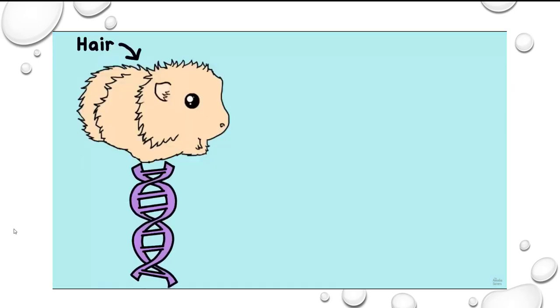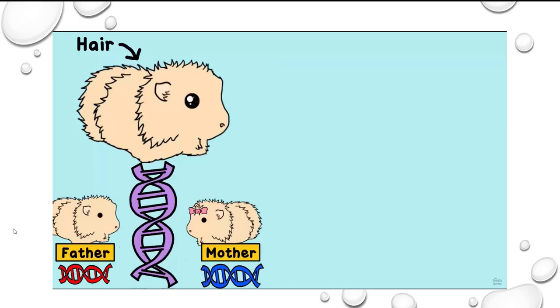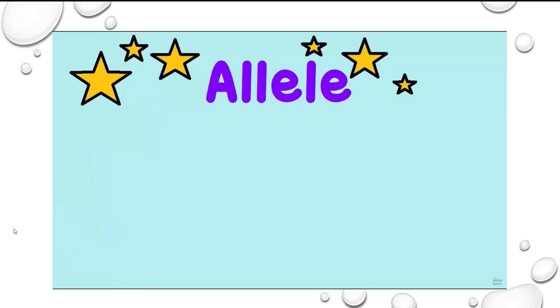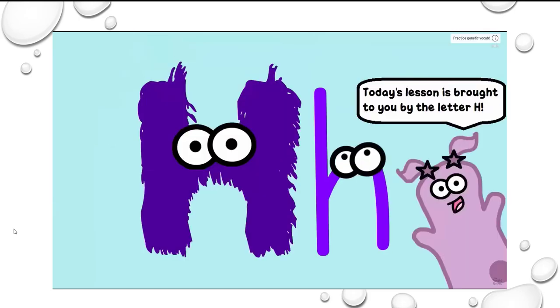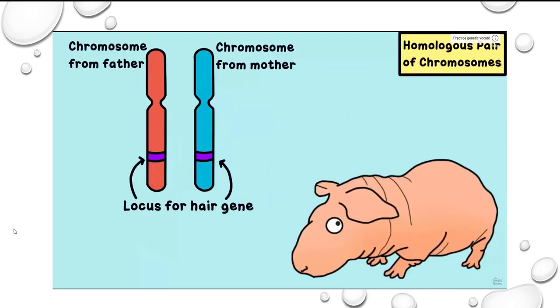This is because of their DNA. DNA makes up genes, and the guinea pigs received genes from both their mother and their father. An allele is a form of a gene, and often represented by a letter. In this case, we'll use the letter H for hair. A hairless guinea pig has 2 recessive alleles for the trait of having or not having hair.